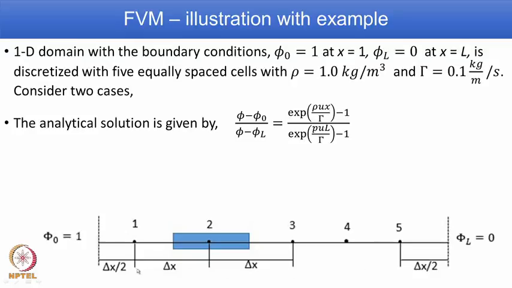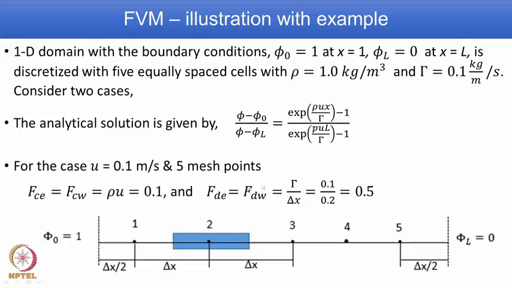Because it is equally spaced, node 1, which is near the left boundary, and similarly node 5, which is near the right boundary, are both at a distance of delta x by 2 with respect to the respective boundary. The boundary conditions are already shown here on both the left side as well as the right side. And for this problem, the analytical solution is already given, and that is what is displayed here.